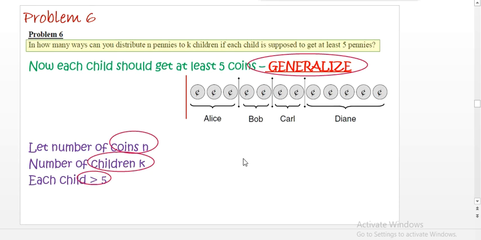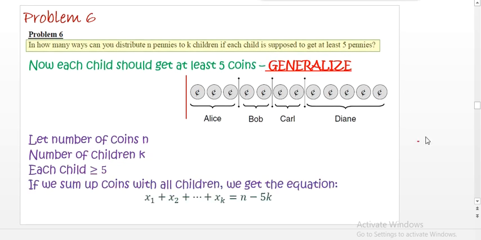How many coins have we given? 5 times k. So from n we have given 5k coins already to k children. So we will be left with n minus 5k coins. After giving 5k coins to every child, we will be left with n minus 5k, and our equation is x1 plus x2 plus x3 plus xk.